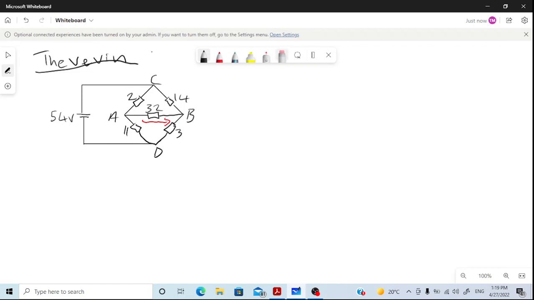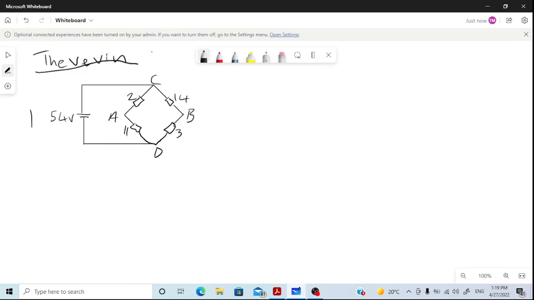If I try to redraw the circuit, I'm going to waste a lot of time, so right now I'm just going to erase it. Okay, fine. So you have to redraw the circuit in this specific way. That is your first step. Step number one, redraw the circuit in this format.